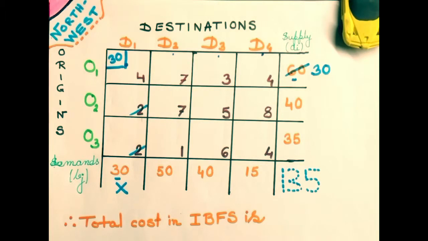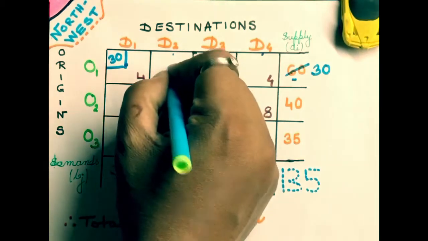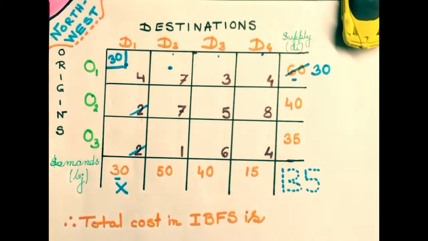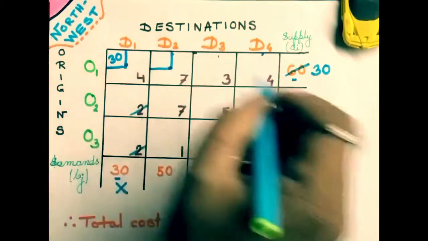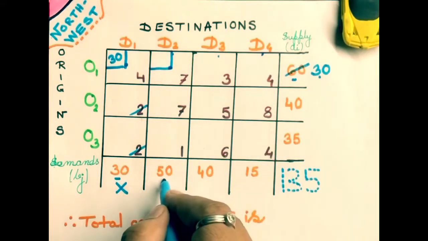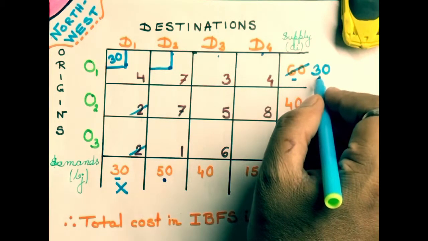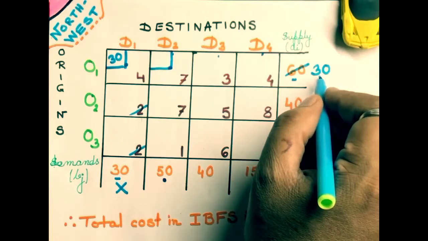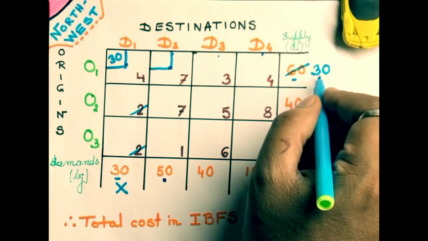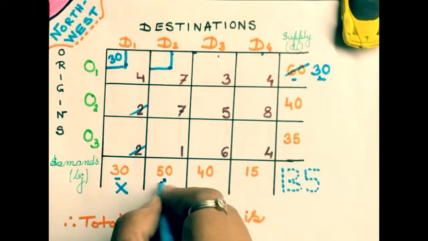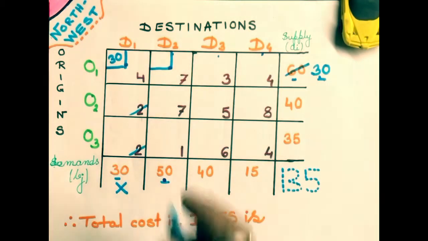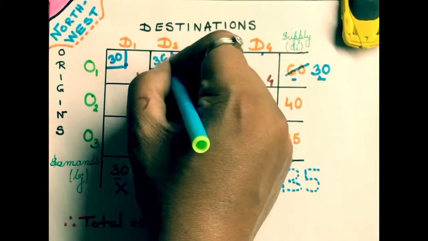In the rest of the matrix, the northwest cornered cell is this cell. At this cell, we have supply of 30 units and demand of 50 units. Hence, within the demand of 50 units, only 30 units can be met as the supply is 30. In other words, the minimum of 30 and 50 is 30 and therefore we allocate 30 units again to this cell.